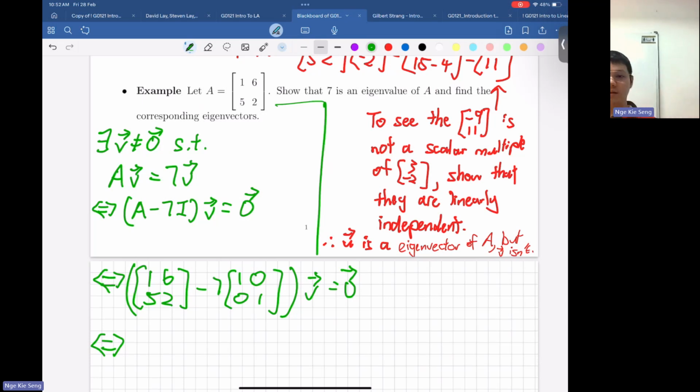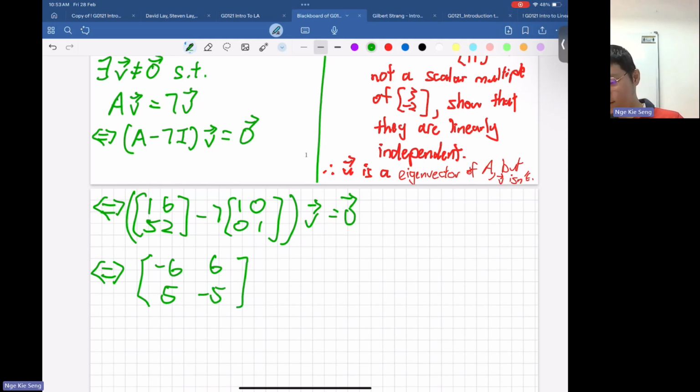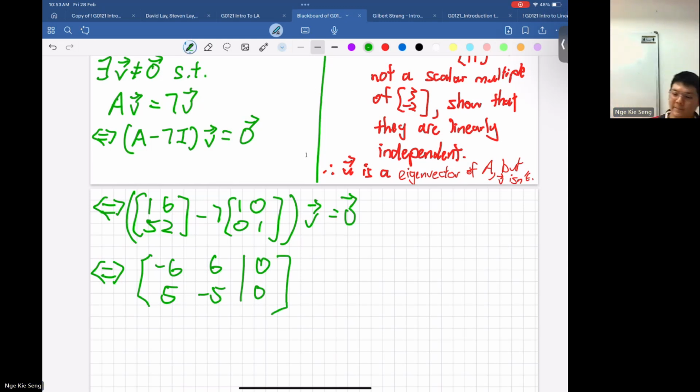What is this matrix? Minus 6, 6, 5, and then minus 5. So minus 5. Yeah, good.